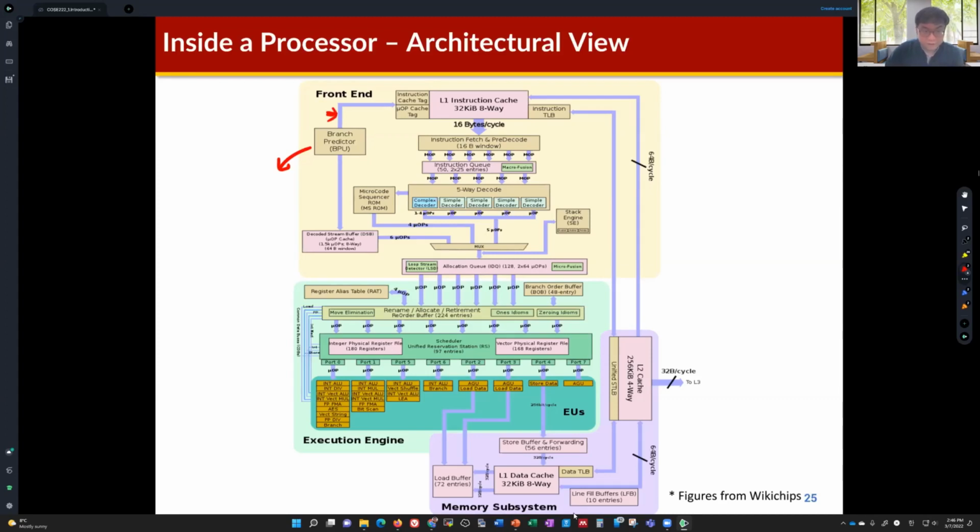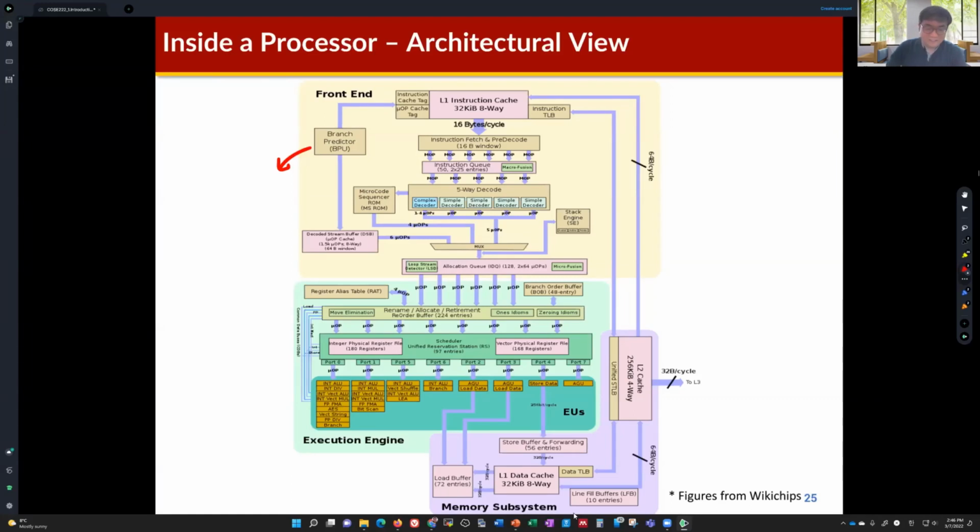A line represents the movement of data or control signals. So what can we understand from this architectural view of the i7 processor?